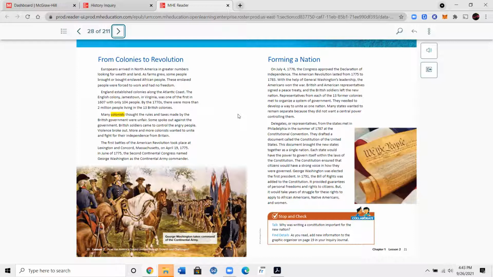The Constitution ensured that the citizens would have a strong voice in how they were governed. George Washington was elected the first president. In 1791, the Bill of Rights was added to the Constitution. It provided guarantees of personal freedoms and rights to the citizens, but it would take years of struggle for these rights to apply to African Americans, Native Americans, and women.